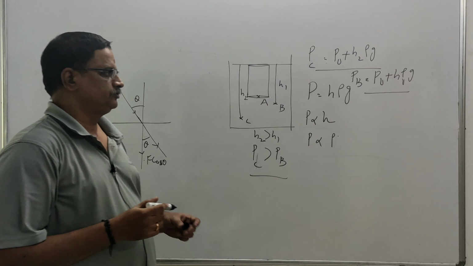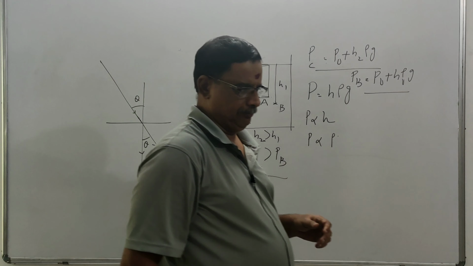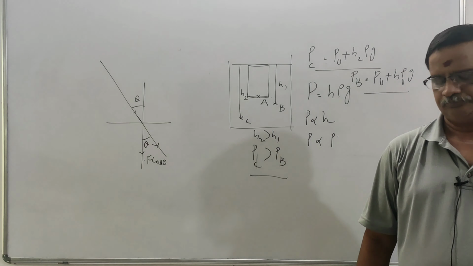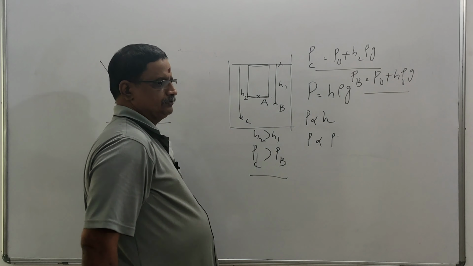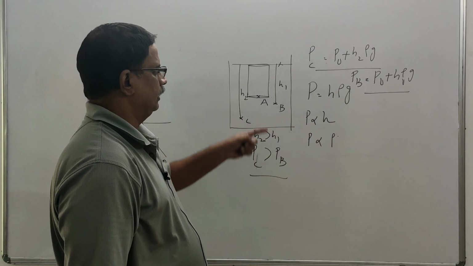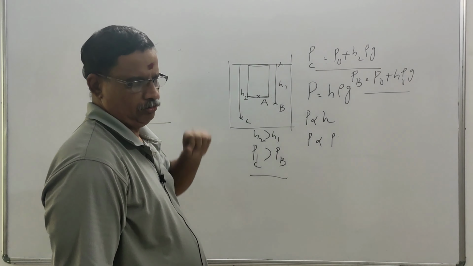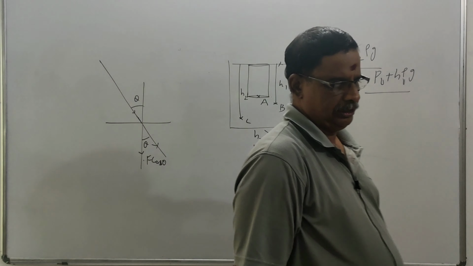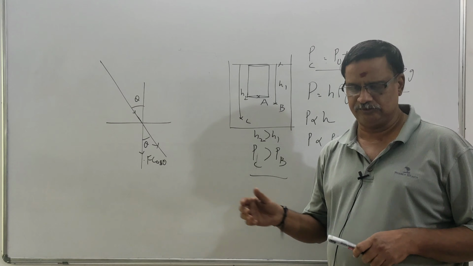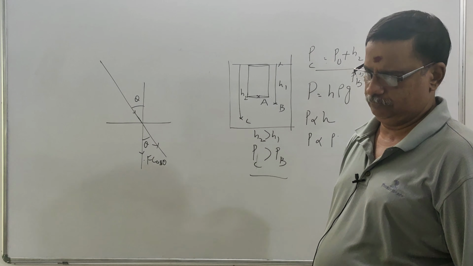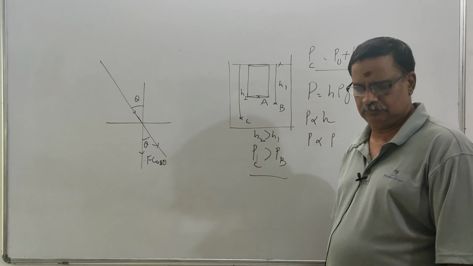These are the expressions for the total pressure at any point inside a fluid in equilibrium. When you come to the surface of the liquid, the hydrostatic pressure there is 0, because I have been repeatedly telling you that h is not the height, it is the depth at which the point is situated from the free surface of water or the liquid, whatever it is.